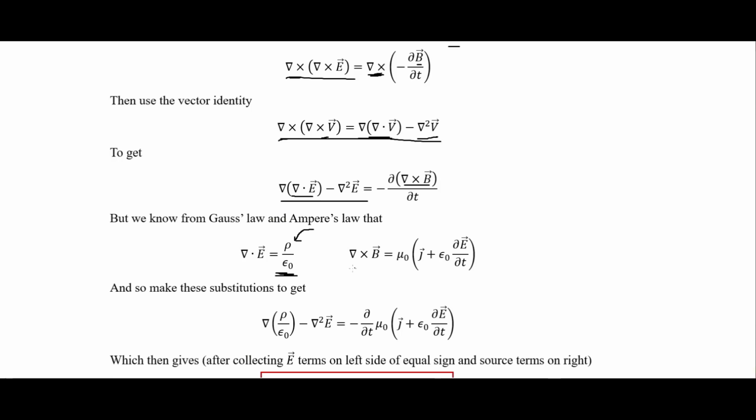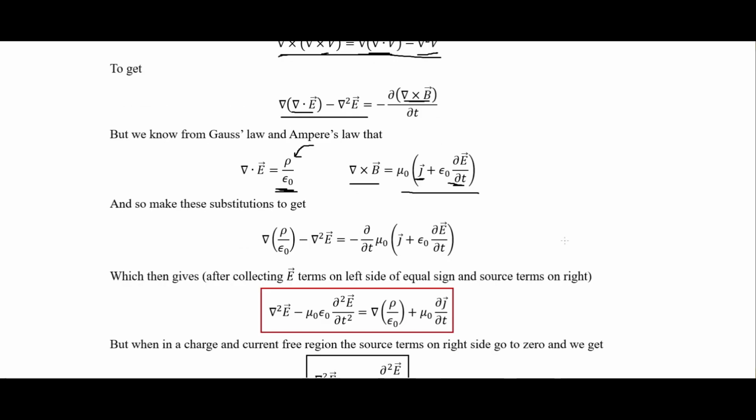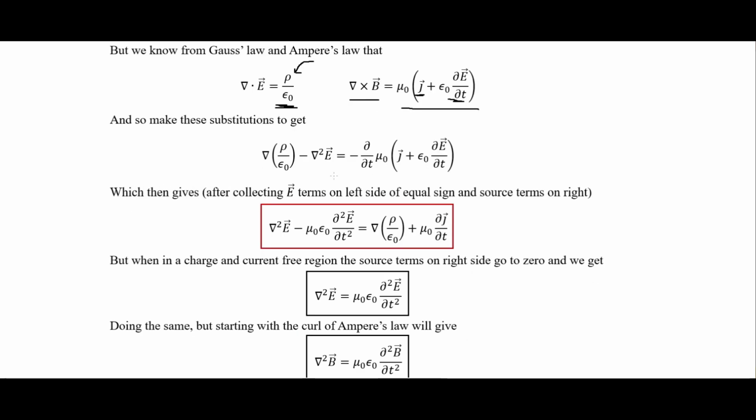And we also have from Ampere's law that the curl of the magnetic field is equal to this, where this is the current, and this is the change, the strengthening or weakening, of the electric field over time. When we make these substitutions, and collect the electric field terms on the left side and the source terms on the right side of the equal sign, we end up with this right here.